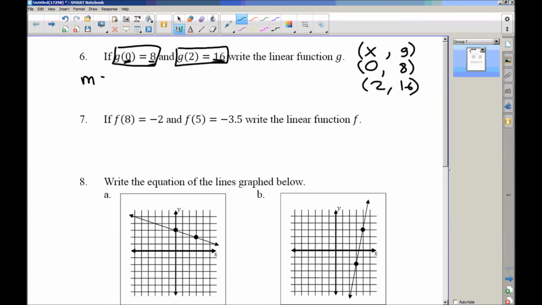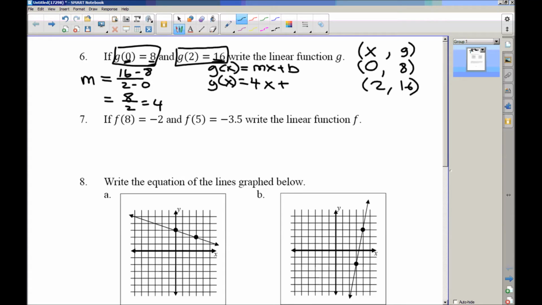So we'll start with the slope here. The slope is 16 minus 8 over 2 minus 0. This gives me 8 over 2, which is 4. And then we could write our function, g of x equals mx plus b, because it's still a linear function. So then we plug in our slope of 4. And then we have to find the y-intercept.